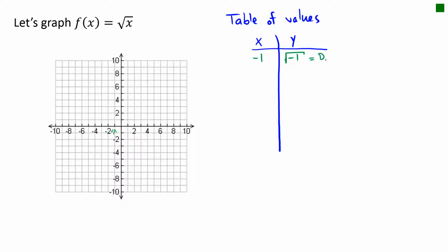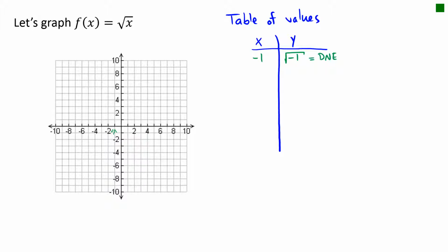And what I find is that the square root of -1 does not exist. As we talked about previously, it's because x is not in the domain of this function, because you cannot take the square root of -1. So there is no point on the graph with an x value of -1.